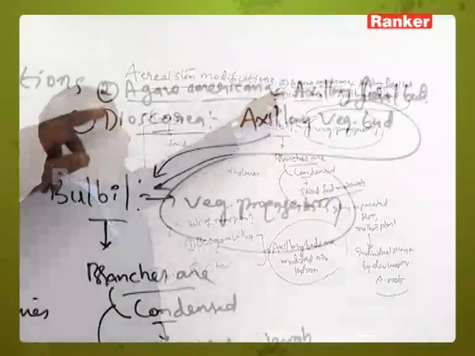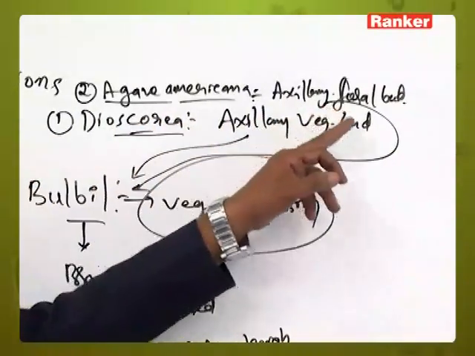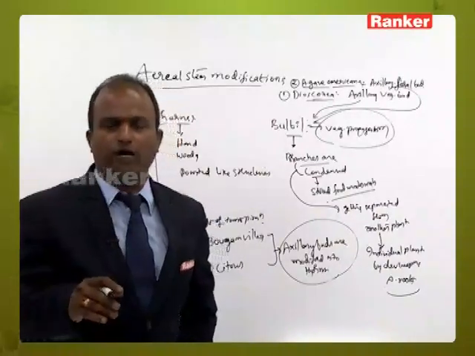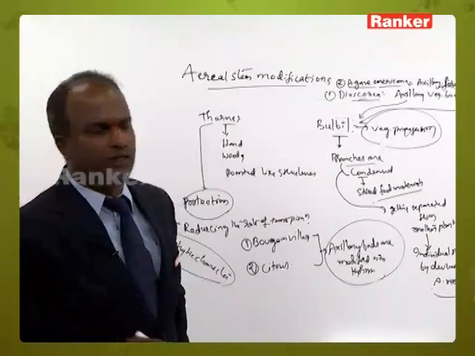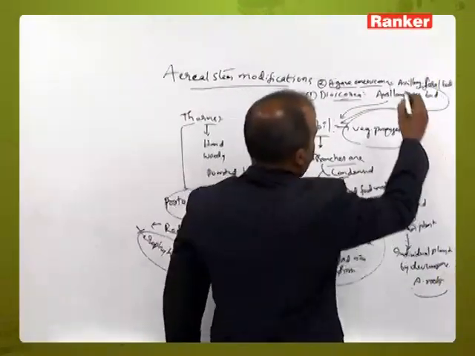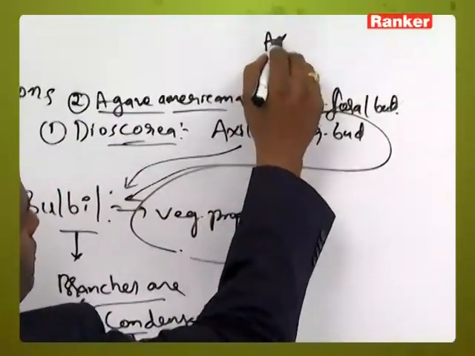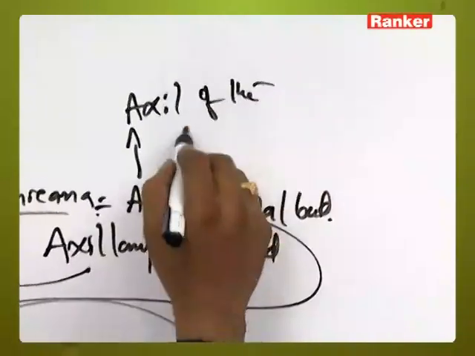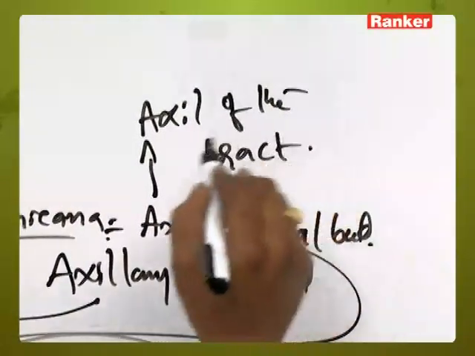That means the axillary floral bud develops from the axil of the bract, and it is modified into a bulbil.